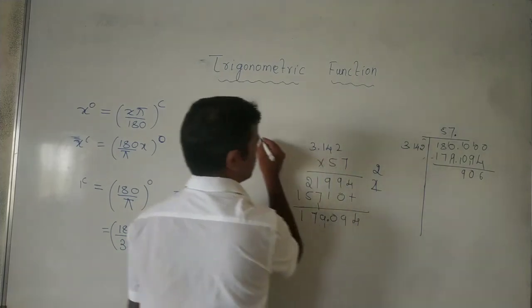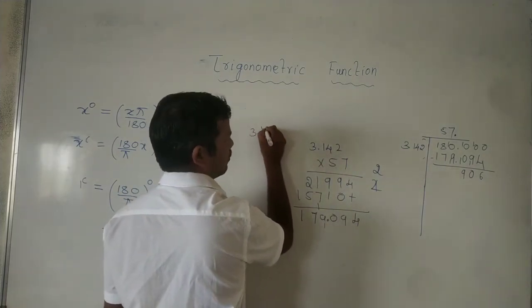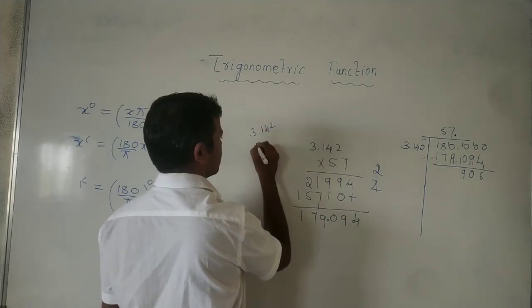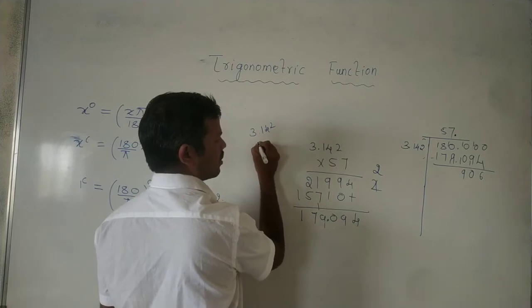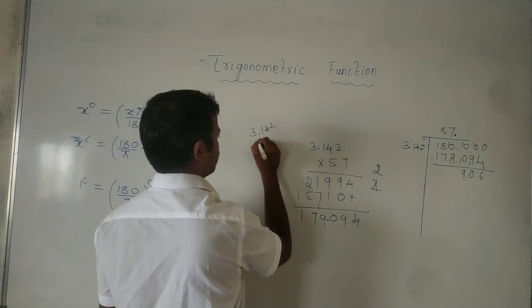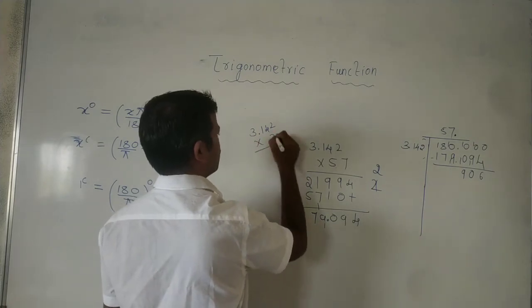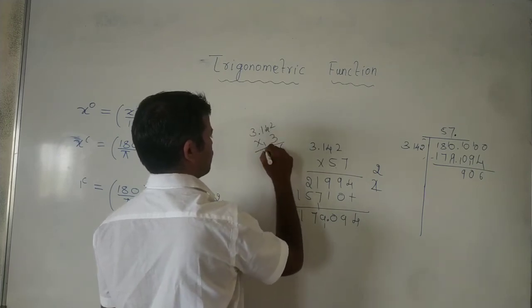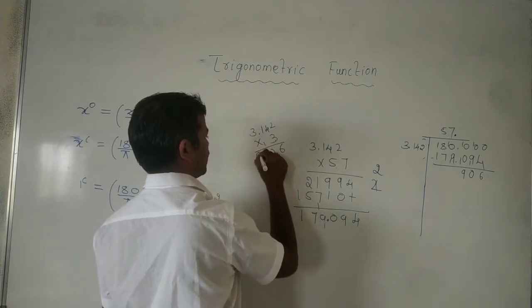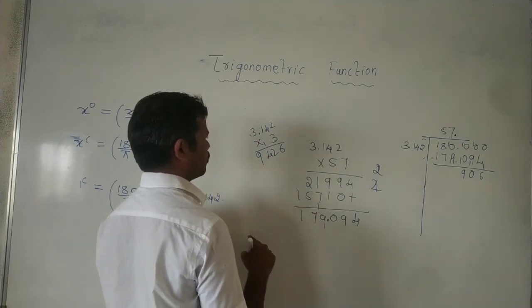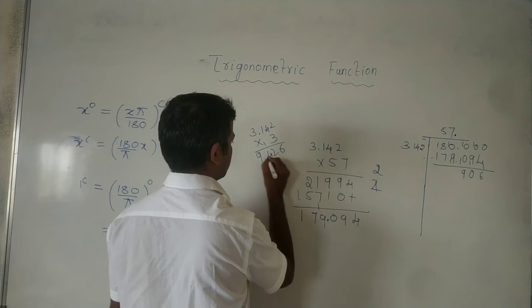If you multiply by 3, 3 2s are 6, 3 4s are 12, 3 1s are 3 plus 1 is 4, 3 3s are 9. So 9426 we got, and after 3 there is 9 point.